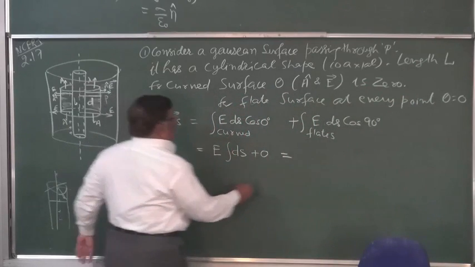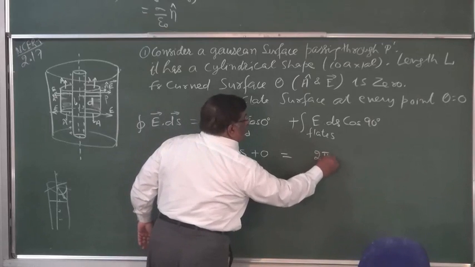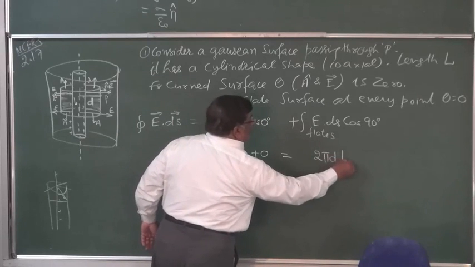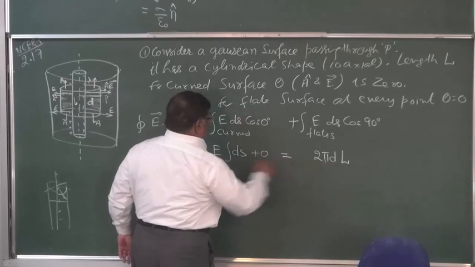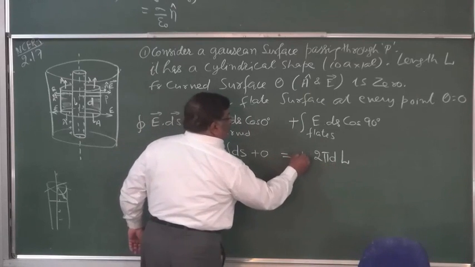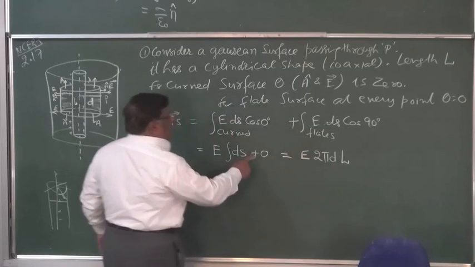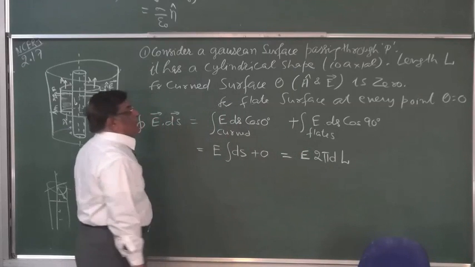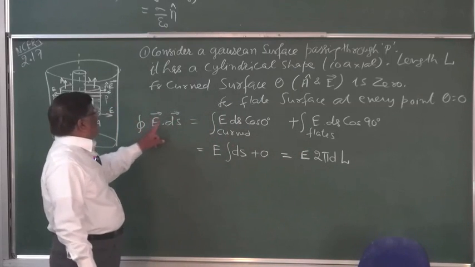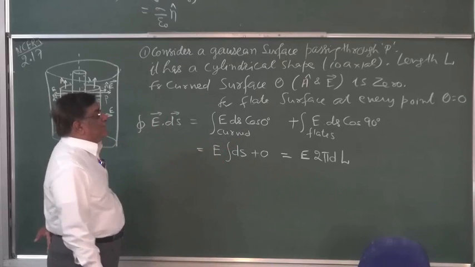Curved surface area is circumference 2 pi d into height L, and then this E is here, plus 0, we need not write. So this becomes the closed integral E dS value.